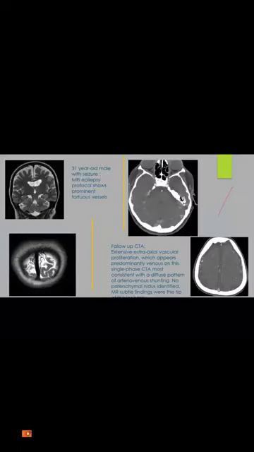This is a 31-year-old male with seizures, epilepsy protocol MRI showing prominent tortuous venous vessels everywhere. So it is some sort of shunting, but it's general.